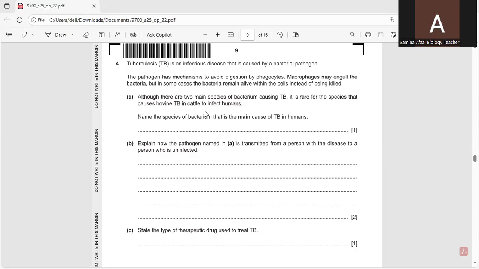Name the species of bacterium that is the main cause of TB in humans. So the name of the species of that bacterial pathogen is Mycobacterium tuberculosis.